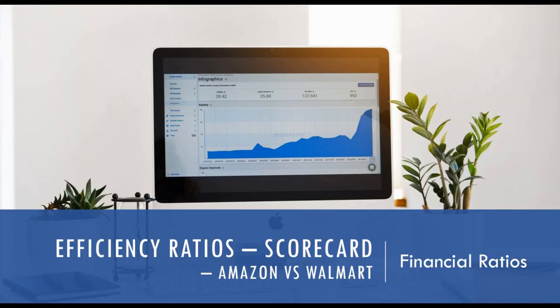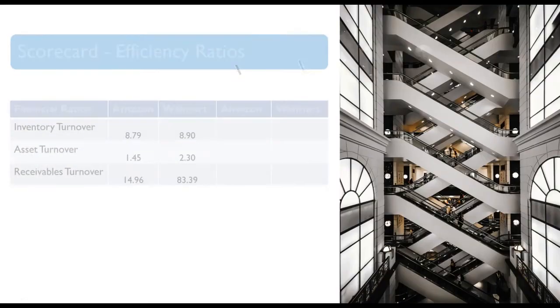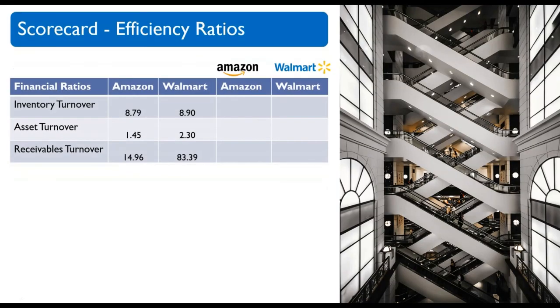We will now go through the scorecard for the efficiency ratios for Amazon and Walmart. First, we calculated an inventory turnover ratio of 8.79 for Amazon versus 8.90 for Walmart.